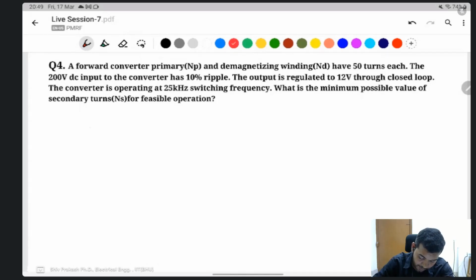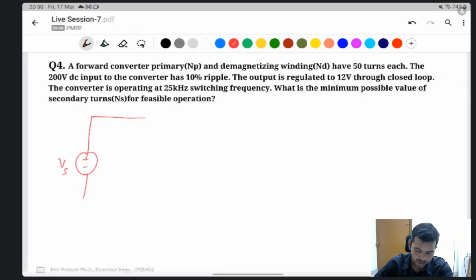First we'll try the forward converter. This one is the supply voltage. So 10% ripple means it is 190 to 210, right? Only 20. 10% of 200 is 20, so 180 and 220. No, it is a ripple. So delta is 10% of 200, which is 20.